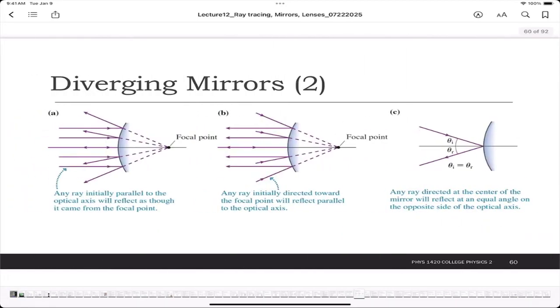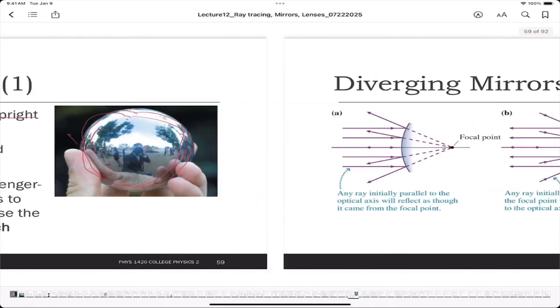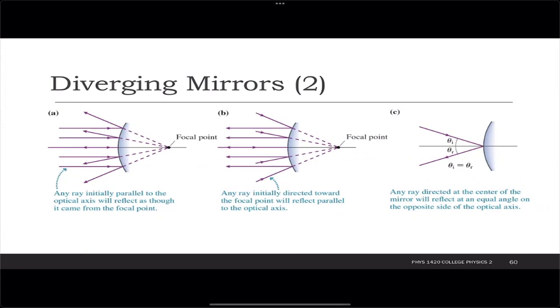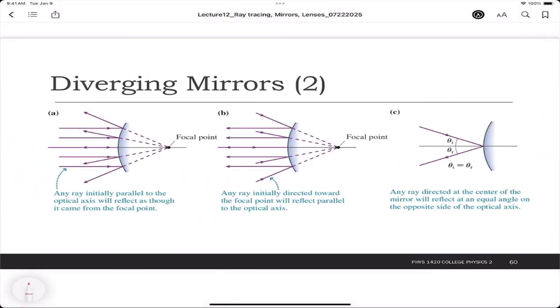And the first one is any ray initially parallel to the optical axis will reflect as though it came from the focal point.